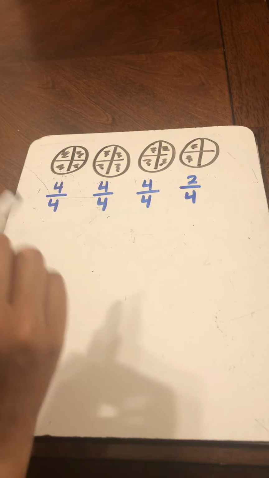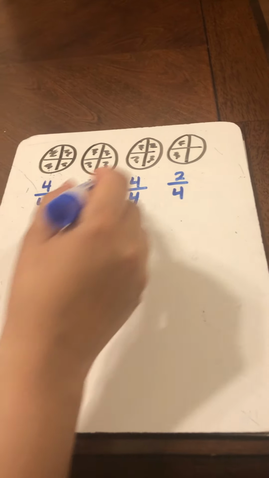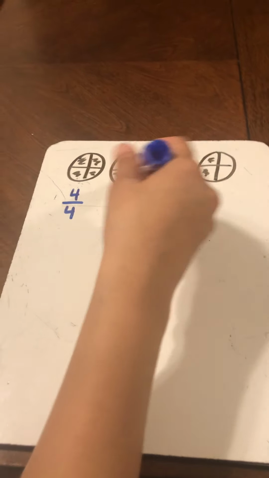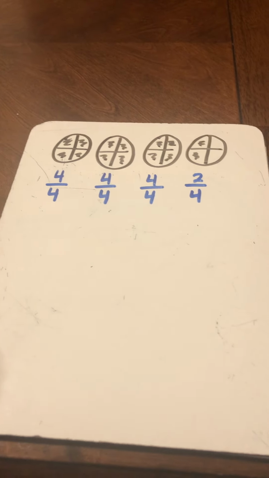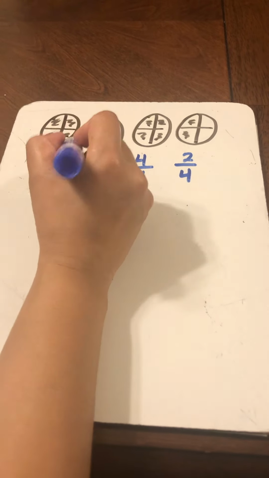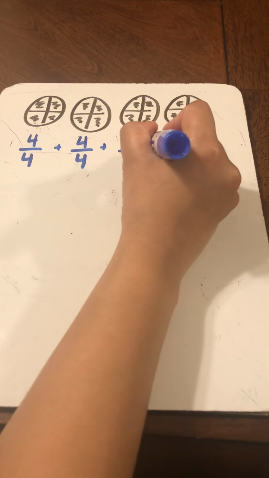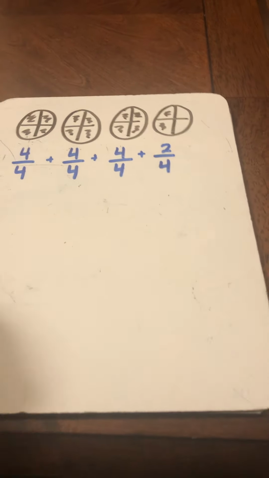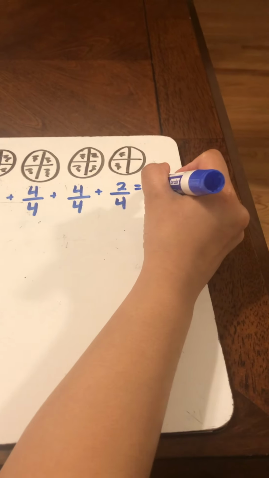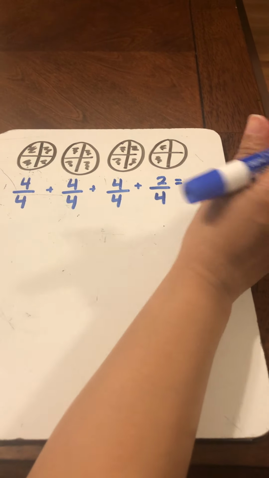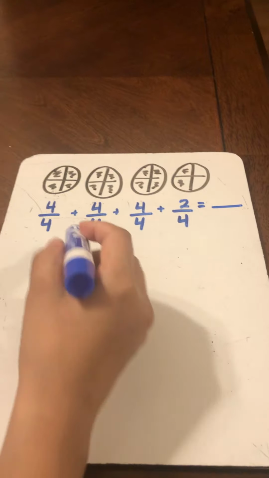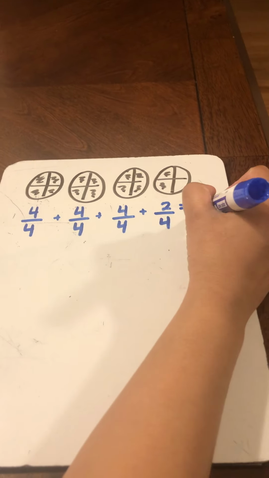Now, we can write the fraction of how many pieces we have represented here 2 different ways. One way is to add up how many fourths we have. Now, the rule for adding fractions is that we don't add the denominators. So we're gonna have fourths, right?